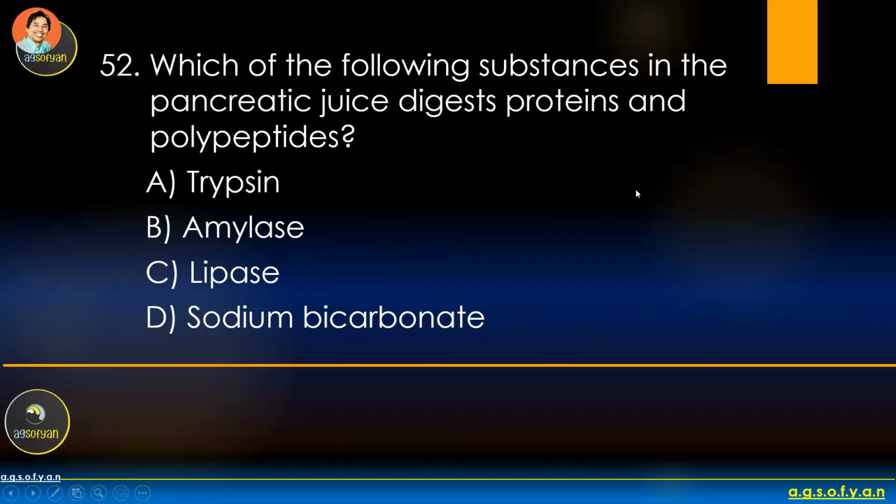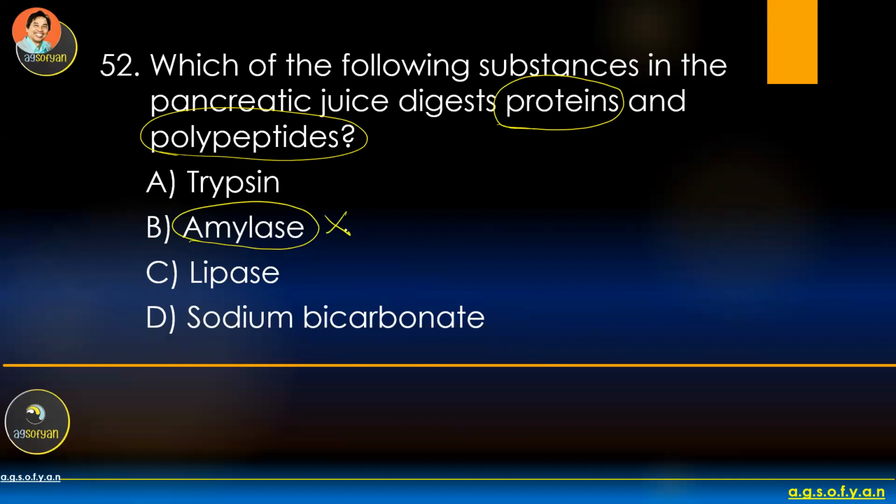Which of the following substances in the pancreatic juice digest proteins and polypeptides? A, B, C, or D? Okay, so the name of substrate that has to be digested is proteins or polypeptide. We already mentioned that amylase is for carbohydrate, so this is not the answer.